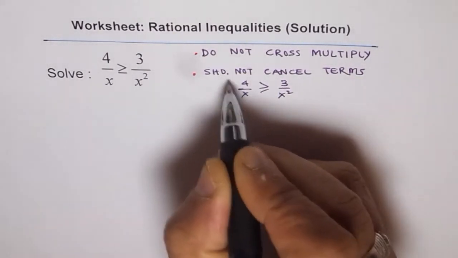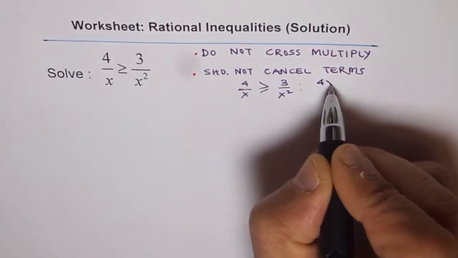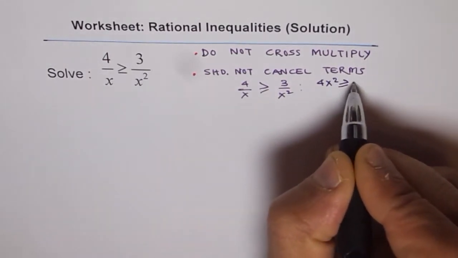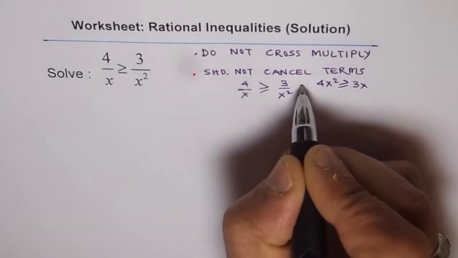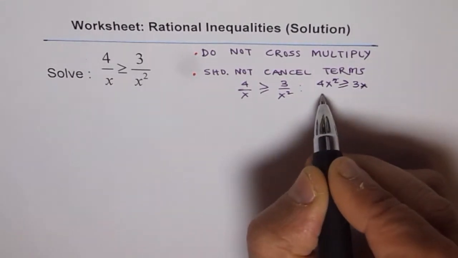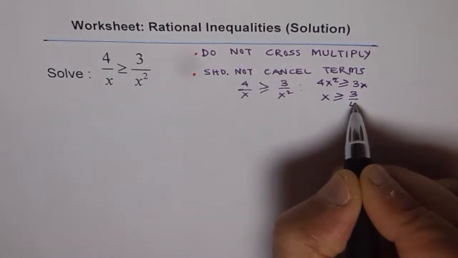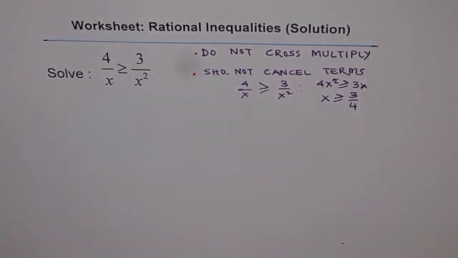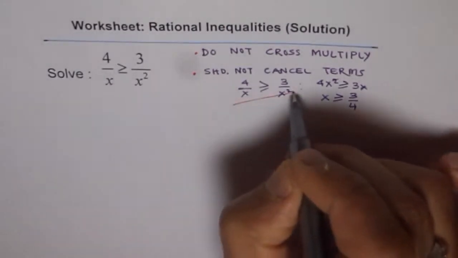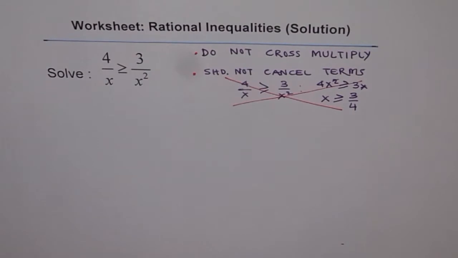That means I can bring this x squared here, so it is 4x squared greater than or equal to 3x, and that means I could cancel 1x, and so I have x is greater than or equal to 3 over 4. And that is a huge mistake. So this is not allowed. This is what you have to learn first before we do rational inequalities.